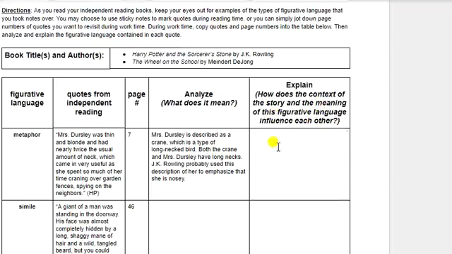That question might confuse you a little bit, so let me put it in other words. In this context, I'm going to be asking myself, based on what I know about Mrs. Dursley, why is this a good description of her? Or how does this description of her, which is early on in the story, influence how I see her for the rest of the book?